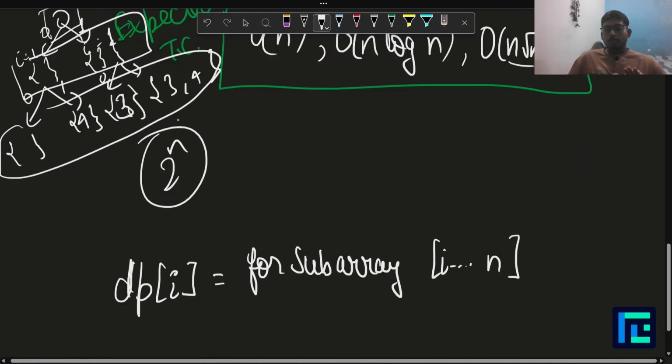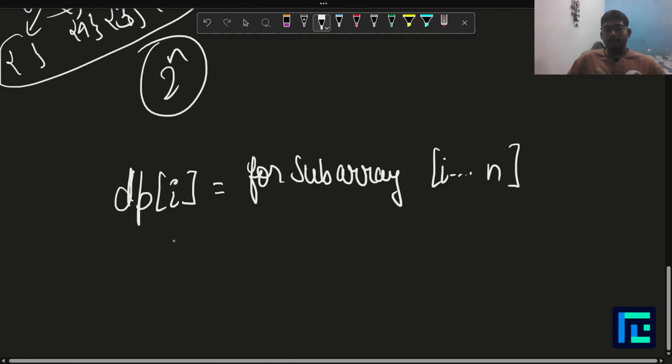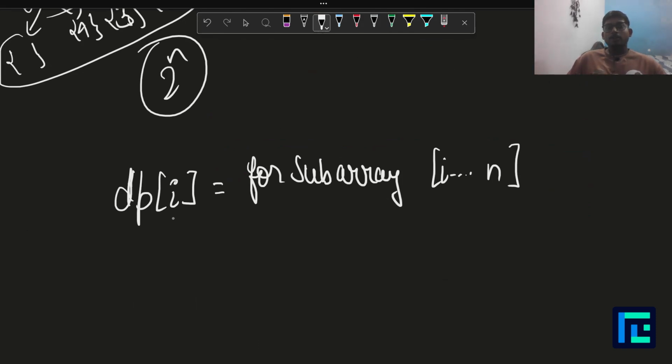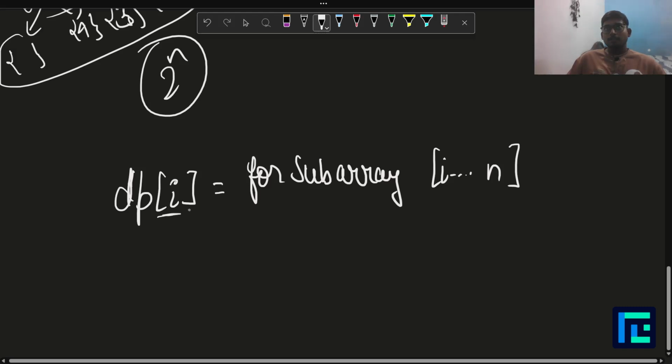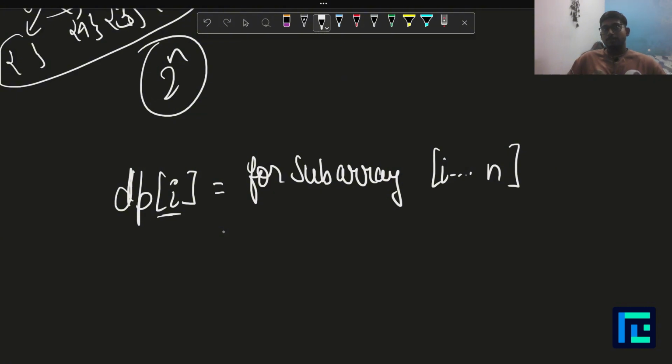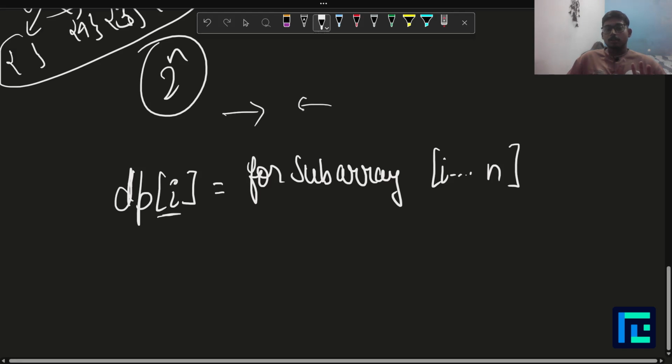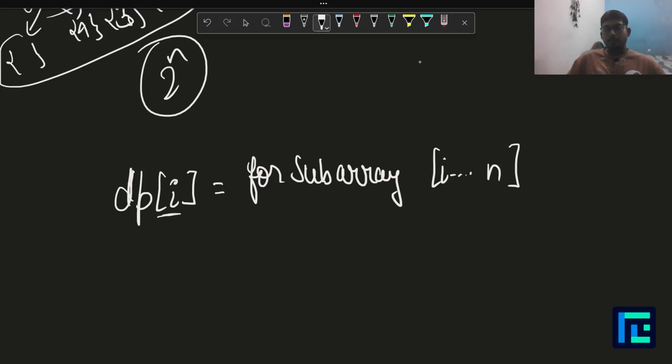Why I took it, I'll explain when I'll be writing the transition, because you take the state based on whether you can write the transition for that or not. Whenever you use a DP, keep that in mind: you take a state such that you can write a transition for that state. If you can't write a transition for that state, you cannot solve the problem. So whether you take a DP from this direction or this direction, you would decide based on the transition. When I come to the transition, I'll show you how I can write it if I'm taking it like this.